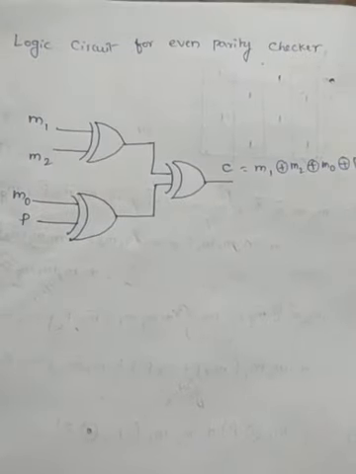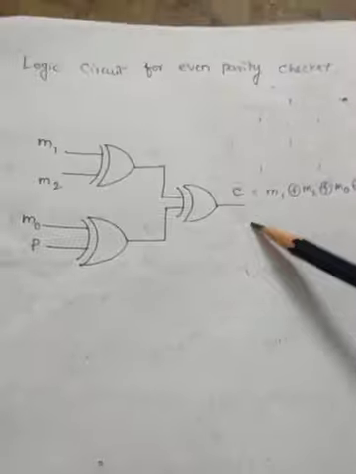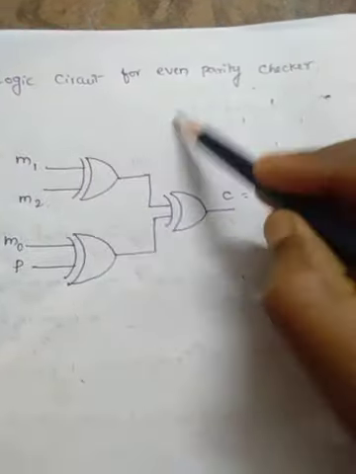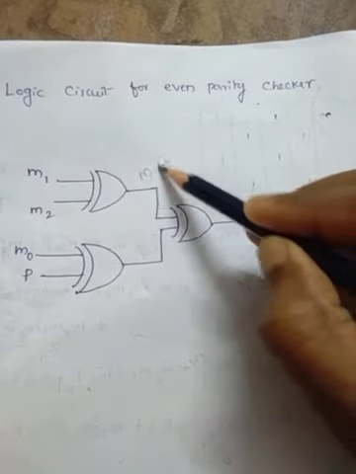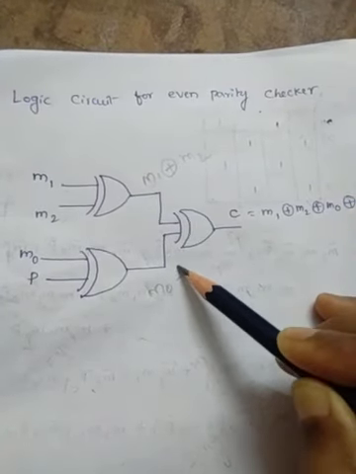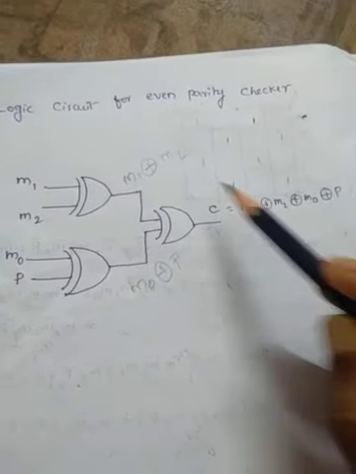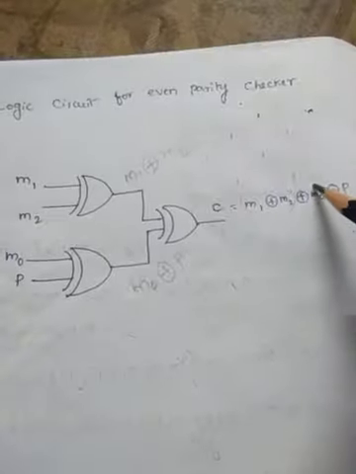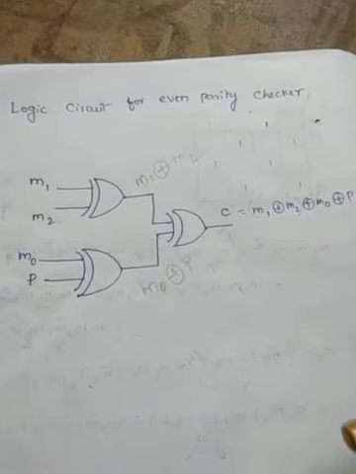By using this equation, the logic circuit for the check bit is like this: m1 XOR m2, m0 XOR p, and then m1 XOR m2 XOR m0 XOR p.